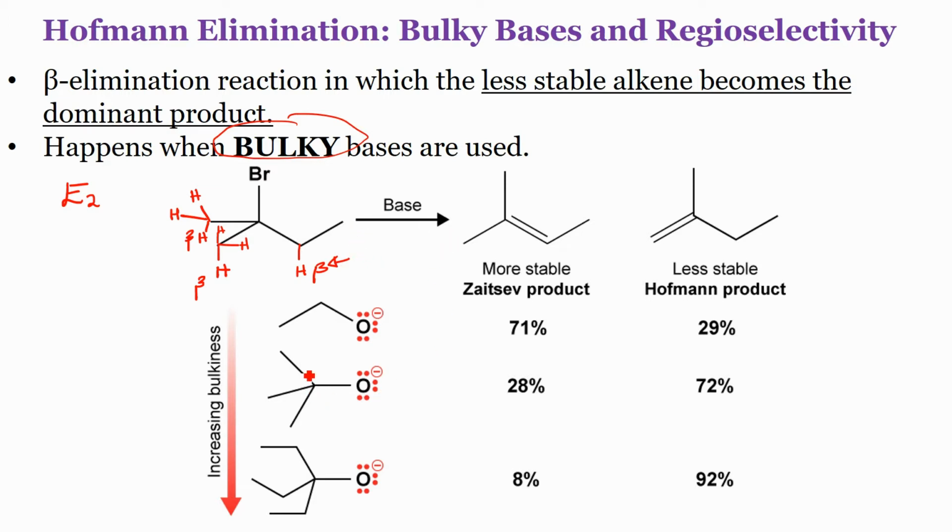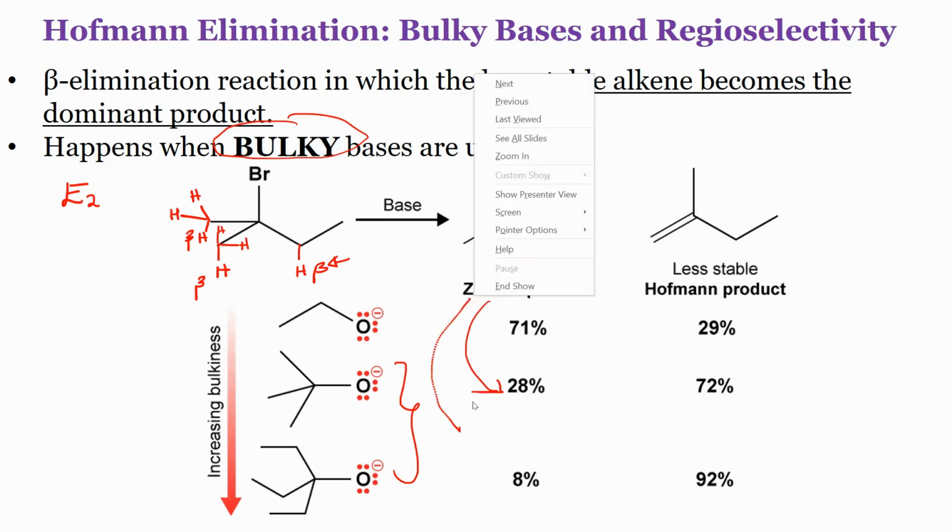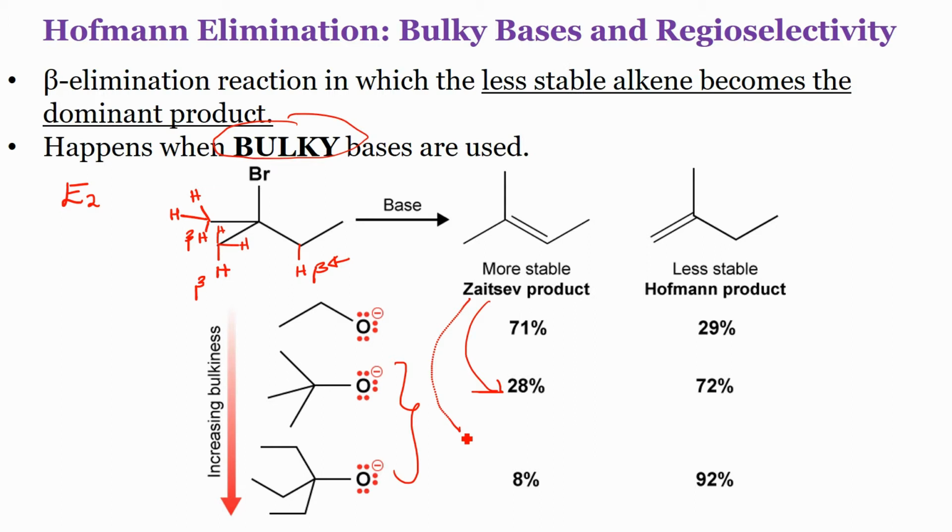So now if you're using bulky bases, the Zaitsev product will be of less yield. As you can see, the Zaitsev product from this reaction has less percentage yield. Reason being, these two guys are bulky, meaning they're huge, meaning they're sterically hindered.